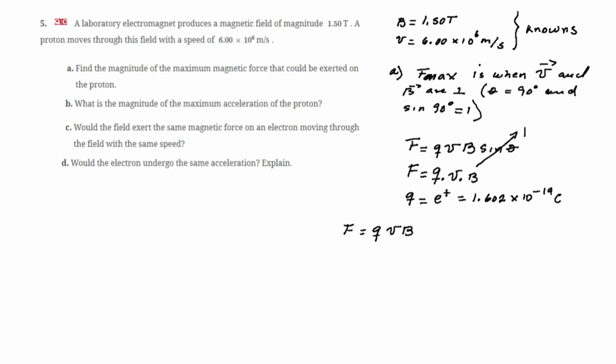So it would be 1.602 times 10 to the power of negative 19 coulombs times the speed, 36.00 times 10 to the 6 meters per second, times the field, that is 1.50 tesla.